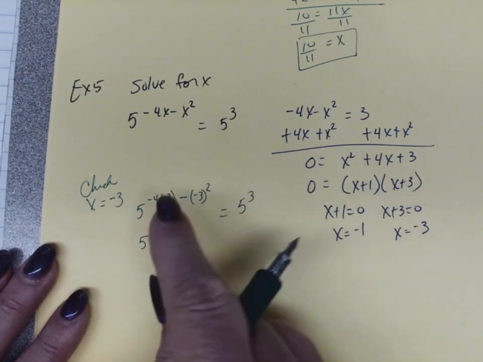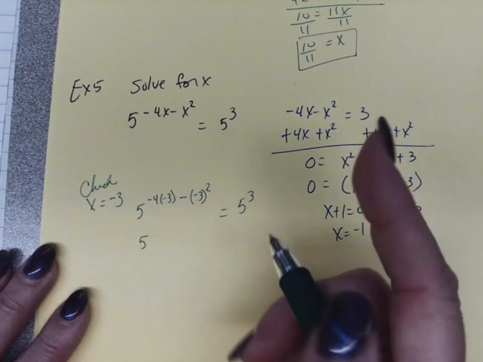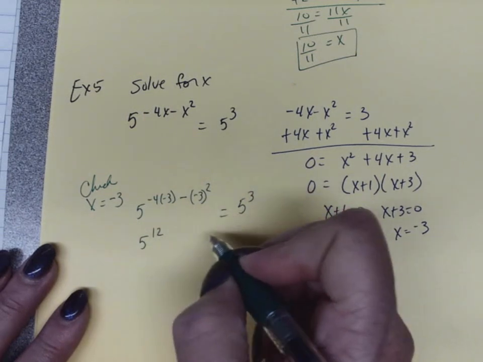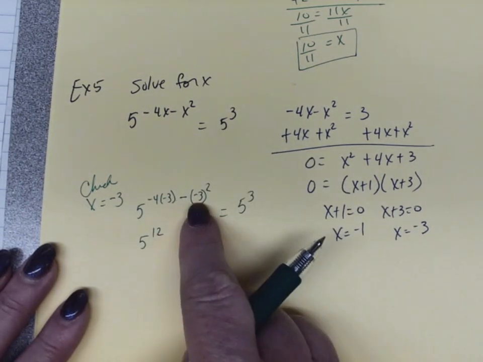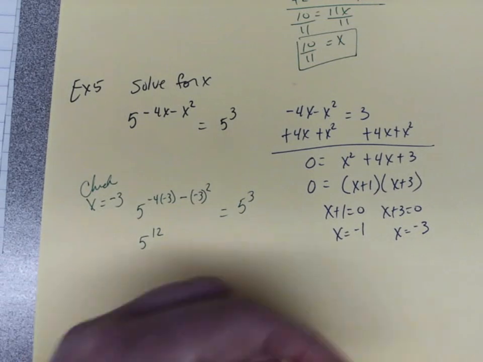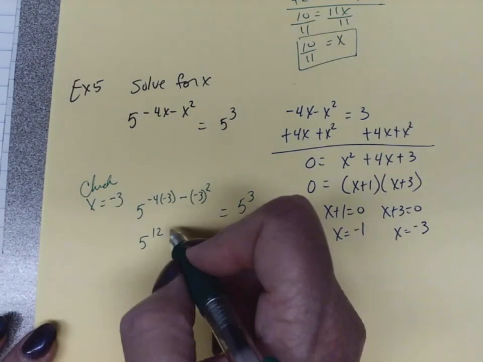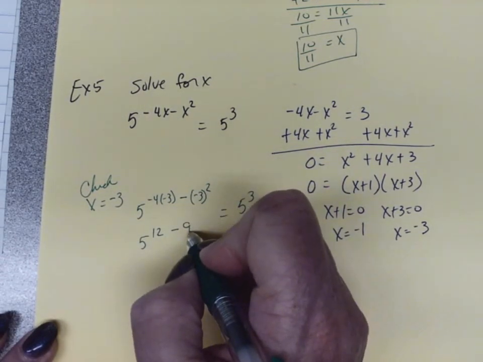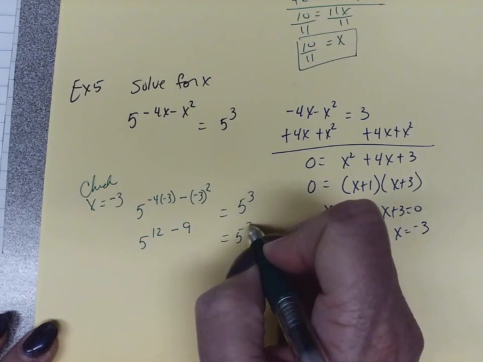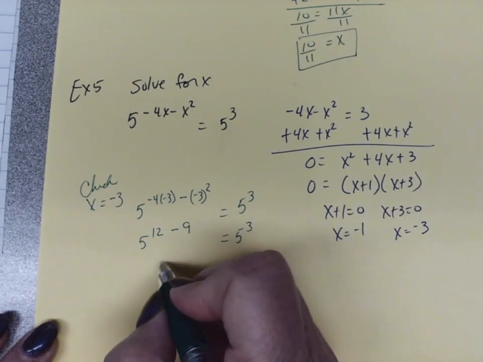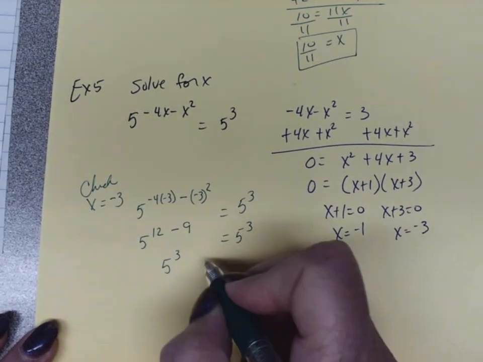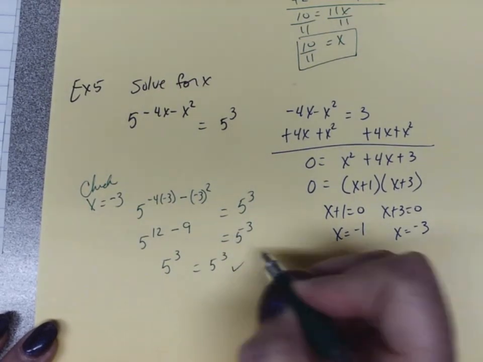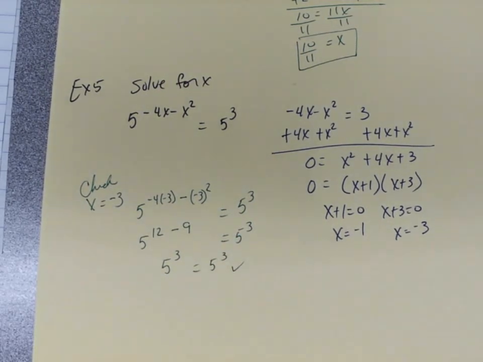So this will get me 5 to the... negative 4 times negative 3 will get us positive 12. Minus negative 3 is being squared, so that will get us minus 9, equals 5 to the third. 12 minus 9 is 3. And so that checks. We have 5 to the third equals 5 to the third.